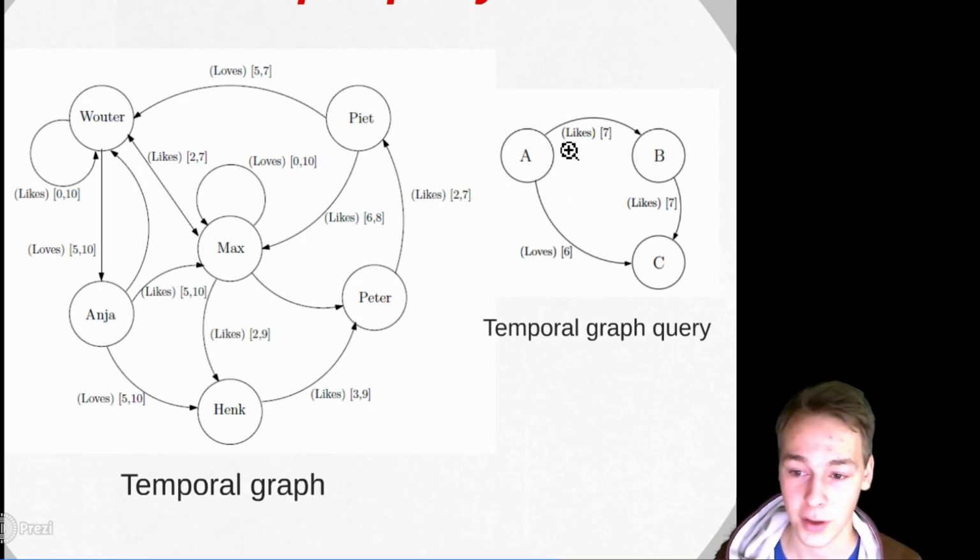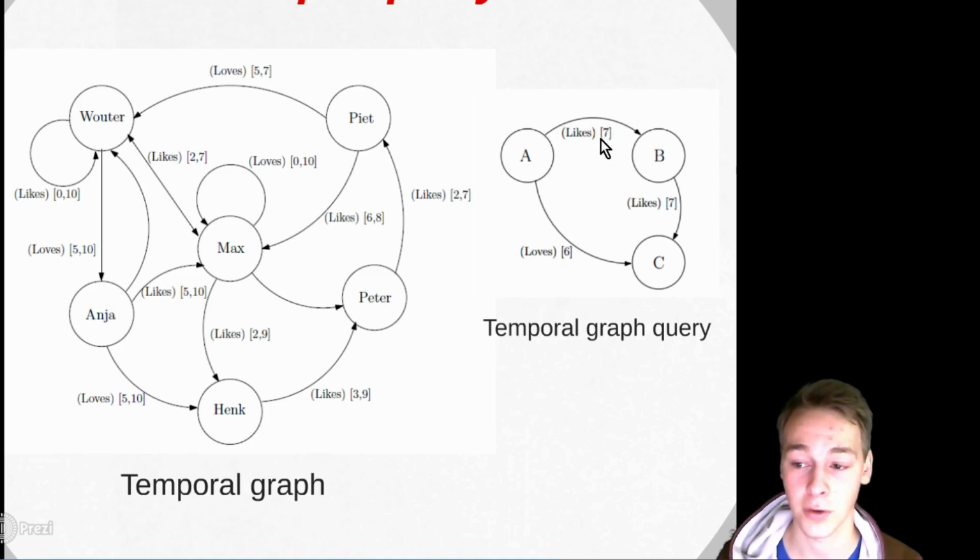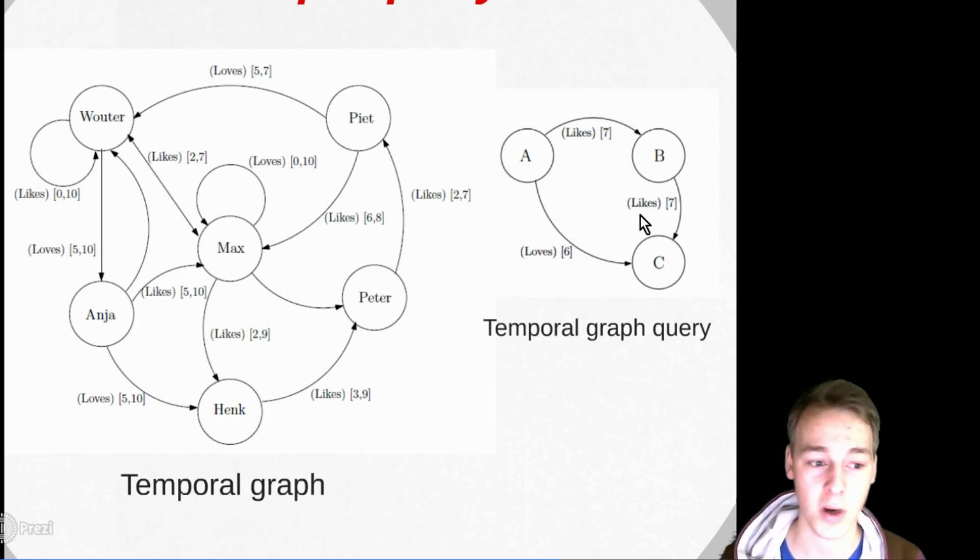You can also think of different ways of writing a query like this. For example, you could make the time here variable, or even the edge labels variable. So, for example, you could have a relation from A to B and B to C, and you want that relation to happen in the same interval, but it doesn't really matter in which time interval it is.